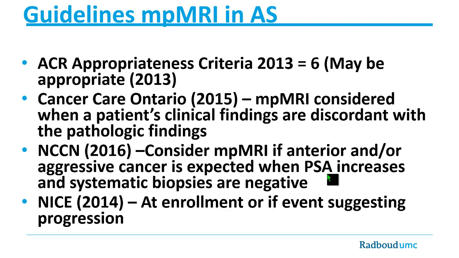The NCCN in 2016: you can consider mpMRI if it's anteriorly located or if an aggressive cancer is expected, so that's still very vague. But I think with the NICE criteria, they already recommend to use it at enrollment for active surveillance, or even suggest using it for progression, to find if there's a progression of the disease.